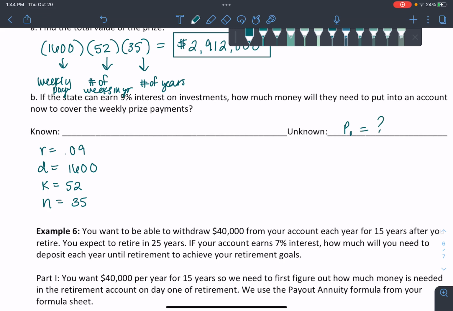So we're going to use the payout annuity to find how much is needed in the account to pay the prize amount. And let's write that down.